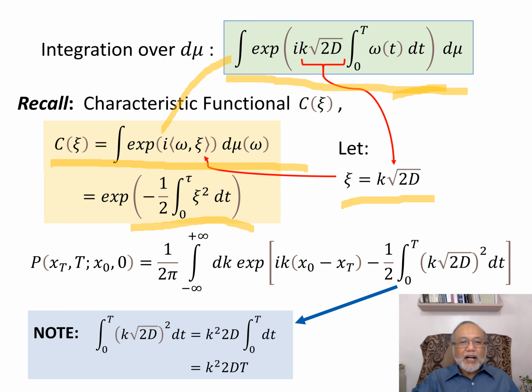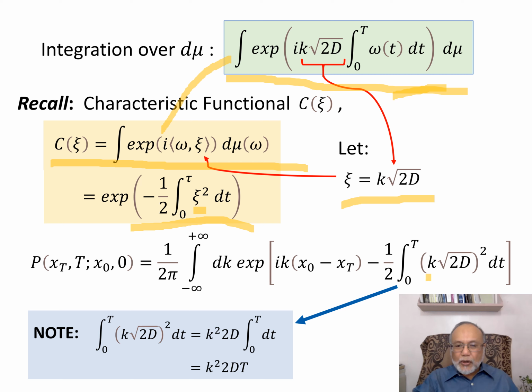And so you have now carried out the integration over the d mu, and all you have to do is to note down what your psi squared is. So your psi is just k square root of 2d. So after the integration over the d mu, you just have psi squared.